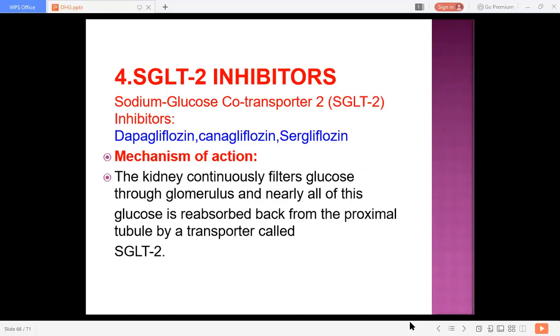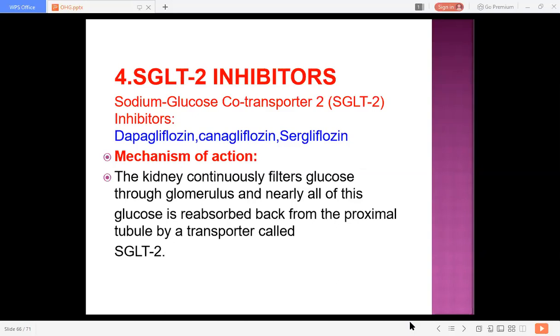SGLT2 inhibitors, that is sodium glucose cotransporter 2 inhibitors. In this we have dapagliflozin, canagliflozin, sergliflozin.